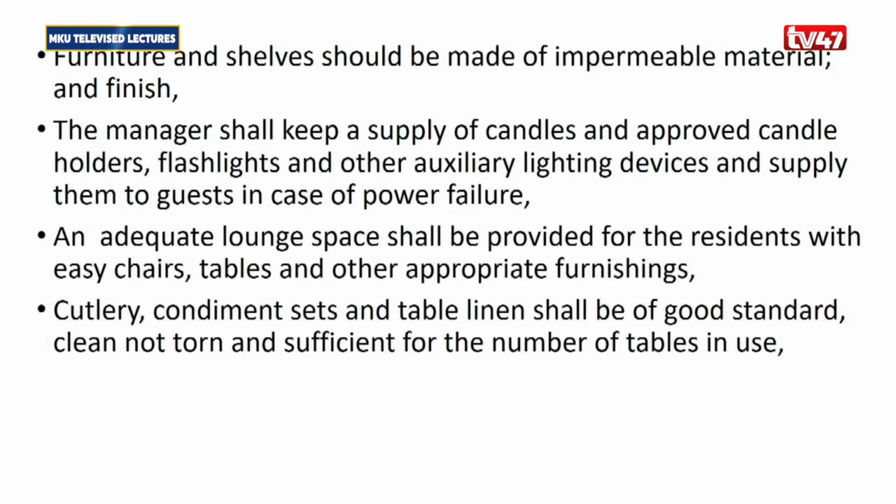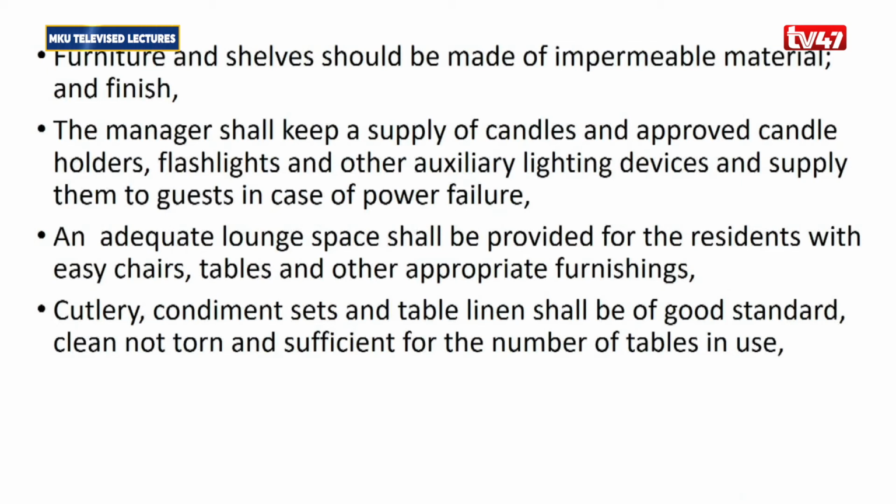Furniture and shelves should be made of impermeable materials and finish. Furniture, that is tables, chairs, and so on, must be made available to the client. The manager shall keep a supply of candles and approved candle holders, flashlights, and other auxiliary lighting devices, and supply them to the guest in case of failure, that is, failure of power.